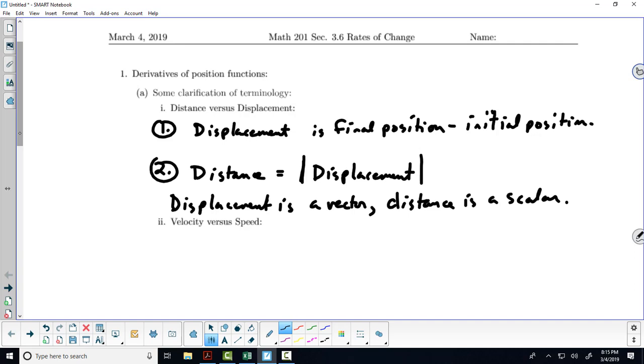So for example, let's just say that we started moving from, say, Denver. Okay, Denver is at mile marker 0. We're going to make up our own mile markers for this highway. So at mile marker 0, we're at Denver. If I went to the north, say, 40 miles, maybe I ended up at Fort Collins, which is over here, at a displacement of 40 units to the right of Denver.